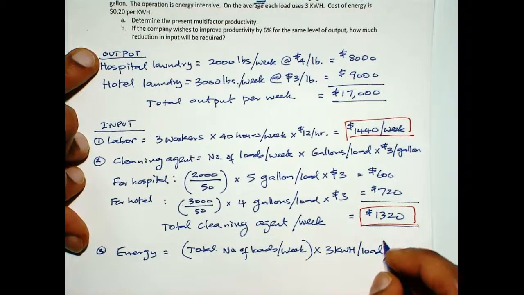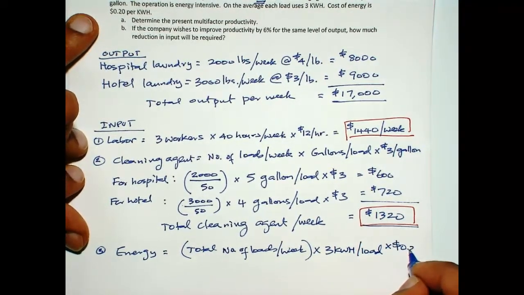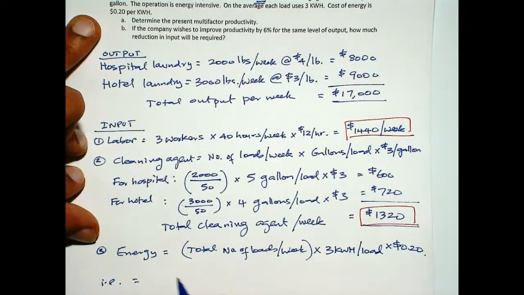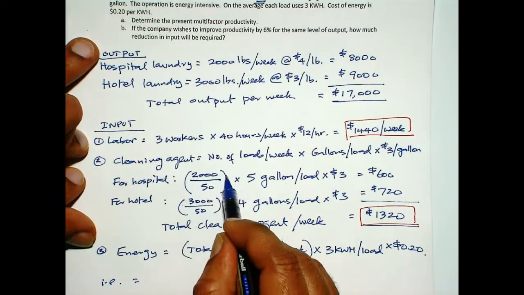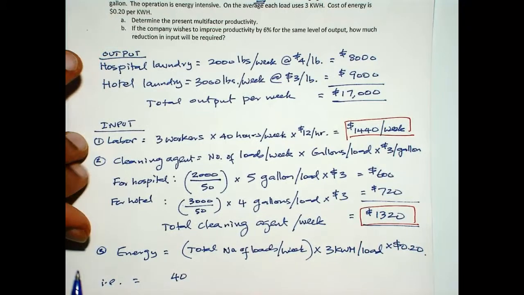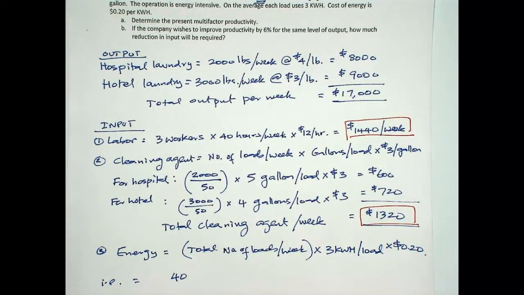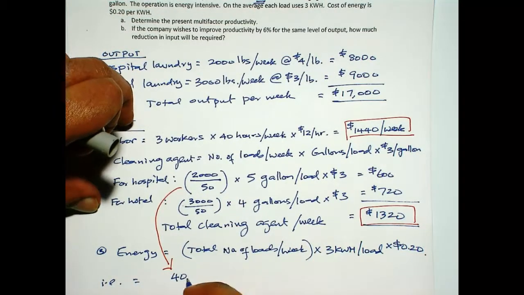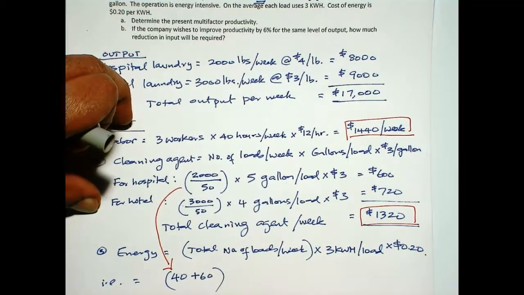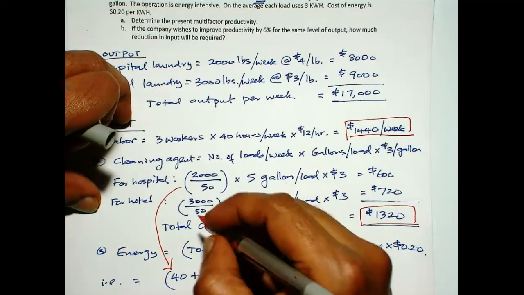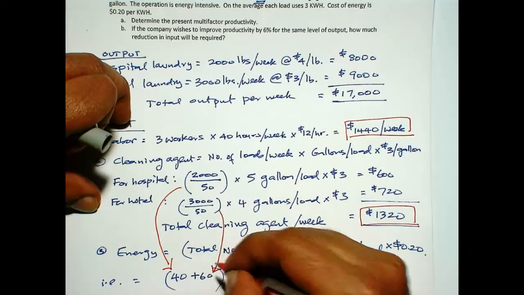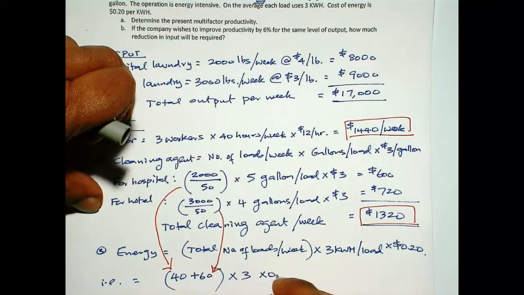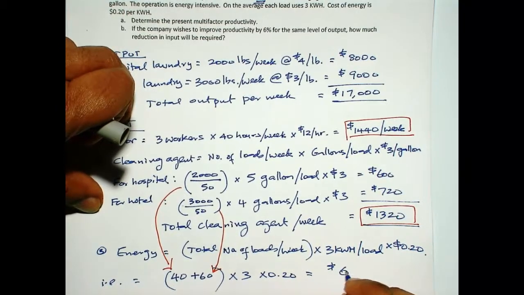So that is equal to, here is the number of loads for hospital, that is 40, and that 40 comes from here, plus 60, and the 60 comes from here, times 3 times 0.2 gives us $60 per week. So that's our third input.